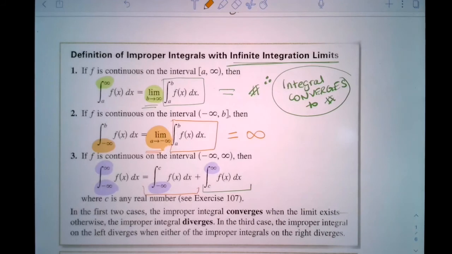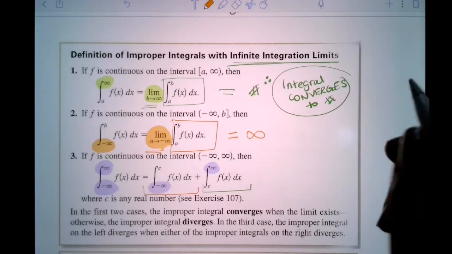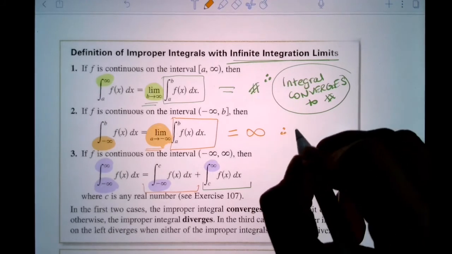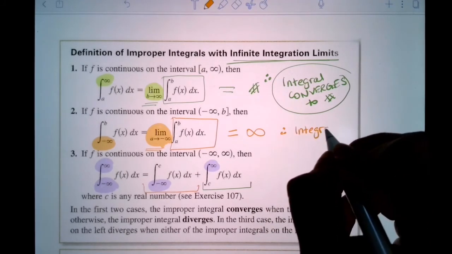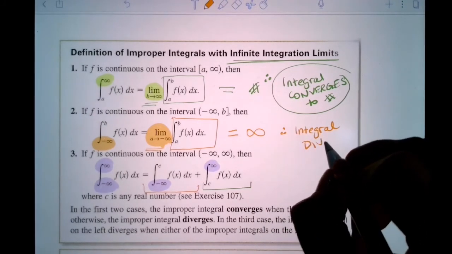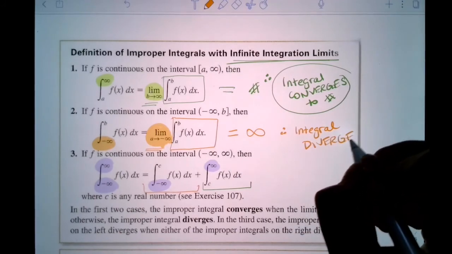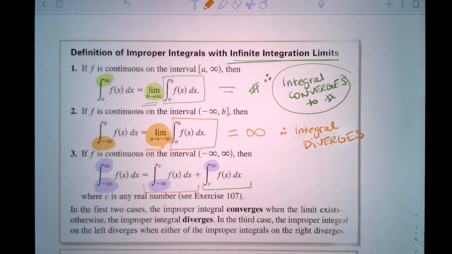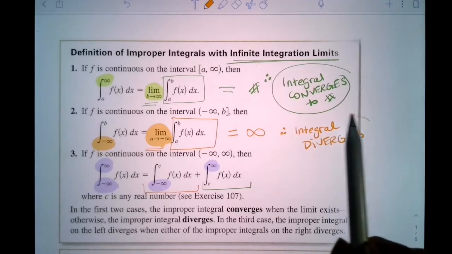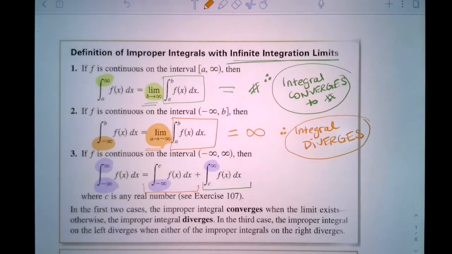If this is what happens to you, you're basically saying the limit does not exist. So what you're going to have to say is that the integral that you were evaluating diverges. It means it has no known value, and it's certainly not something that you can plot on a number line. So those are your two conclusions of what could happen.